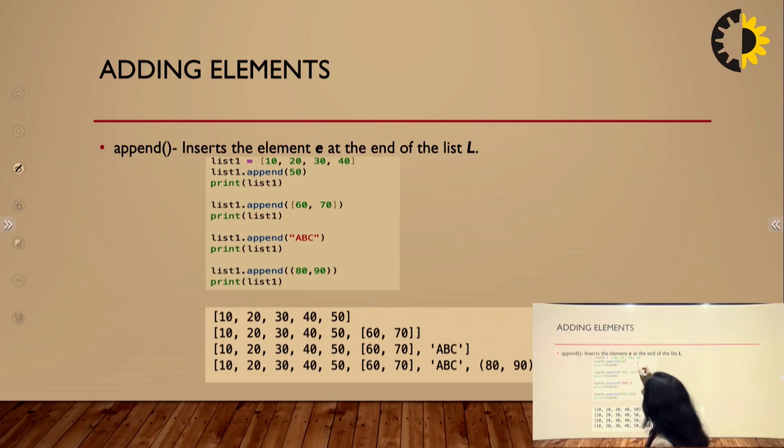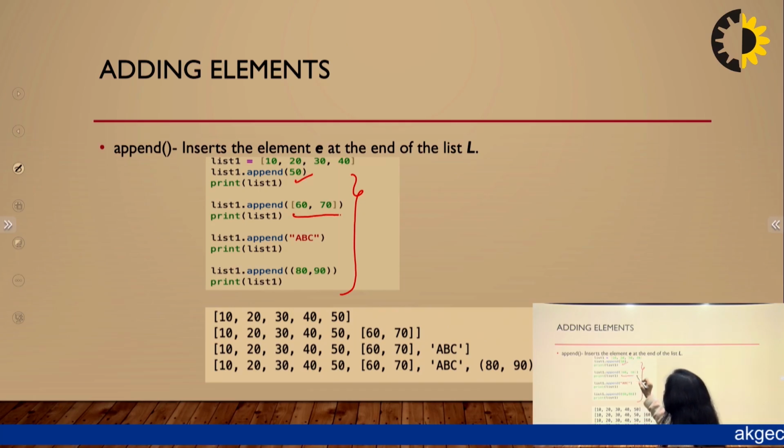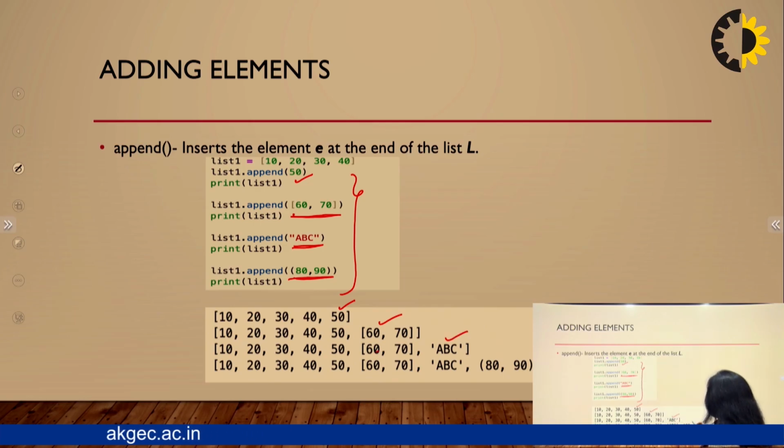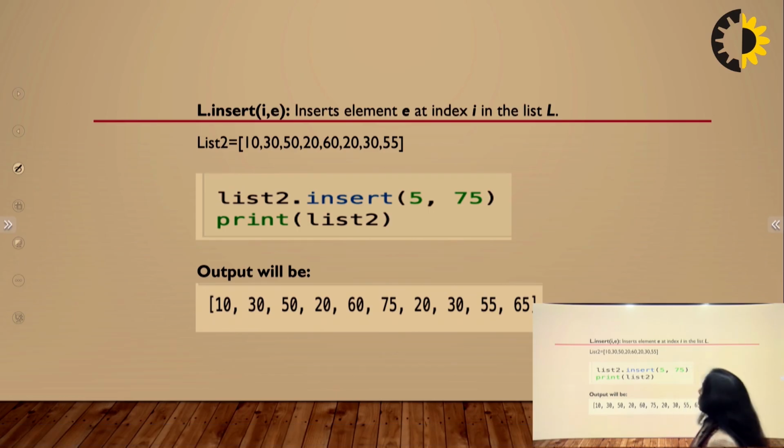I have taken 4 scenarios: appending the value 50, appending the list 60, 70, appending a string, and appending a tuple. So 50 is added, then a list is added to the existing values, then a string and a tuple, as we know that a list is a collection of heterogeneous values.